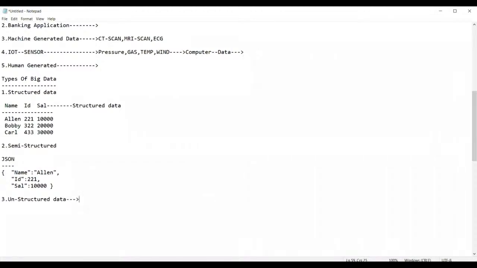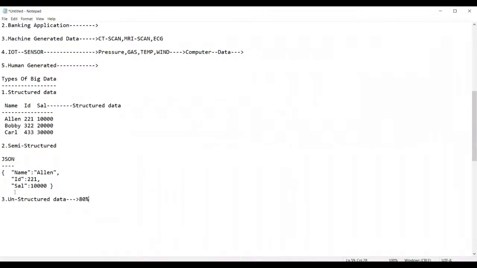That data is called unstructured. 80% of the data across the globe we get in unstructured format only.